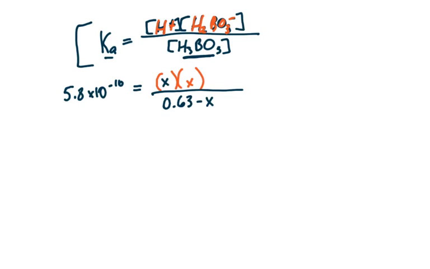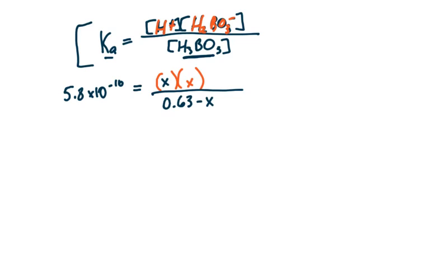Okay? Now, before I move forward and go to solve for X, I have to try the approximation method to see if I can use it, because it'll make the math so much easier than having to use the quadratic formula to solve for X. To use the approximation method, I make this assumption.